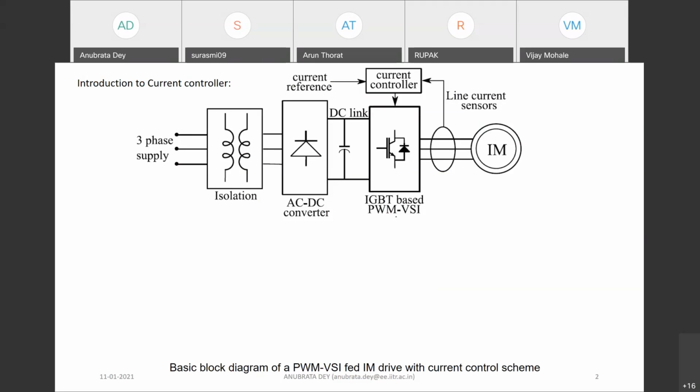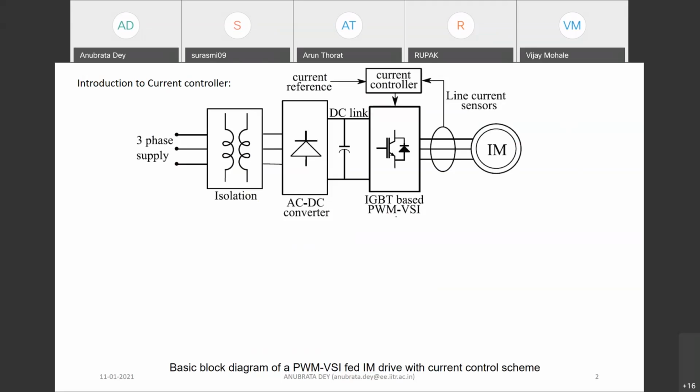When you're driving a motor, you essentially require a control, and most of the time you cannot depend on voltage source control. So you need to have a current reference, and you want to track that current reference. How that current reference is generated depends on your application, whether you want torque control, whether you want to follow a particular power or reactive power reference, or you want to follow some speed.